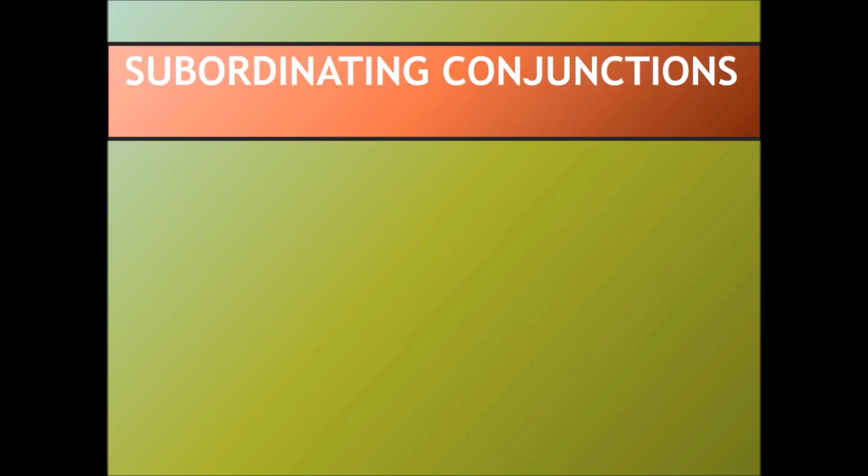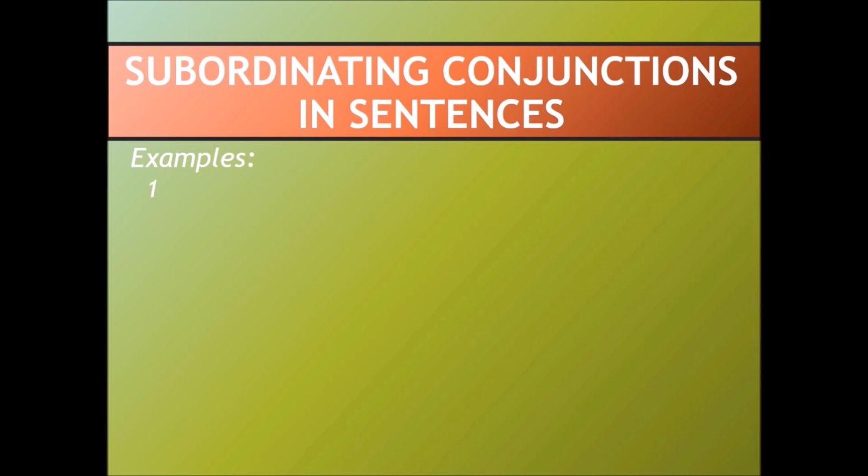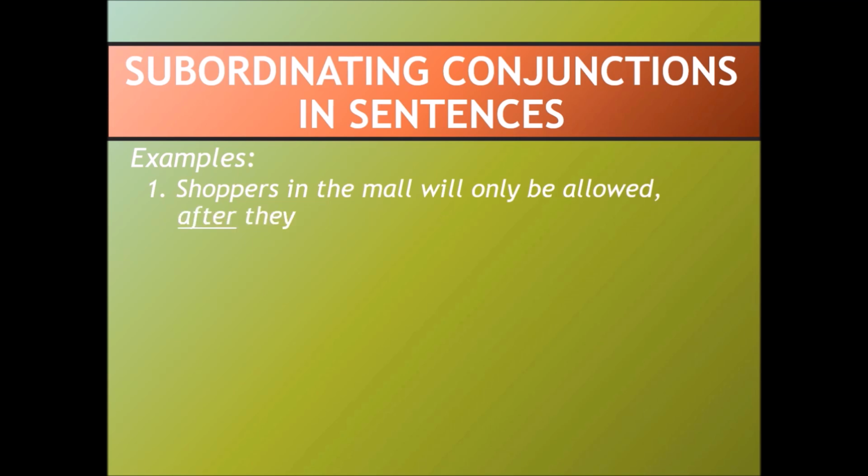From the coordinating conjunctions, we now move to subordinating conjunctions as used in sentences. Here, example, shoppers in the mall will only be allowed after they are fully vaccinated. After is a subordinating conjunction.